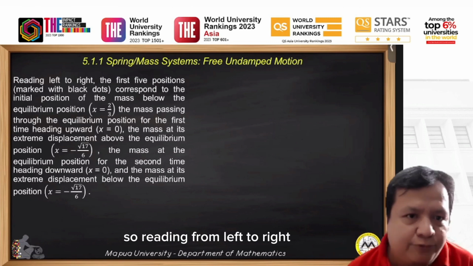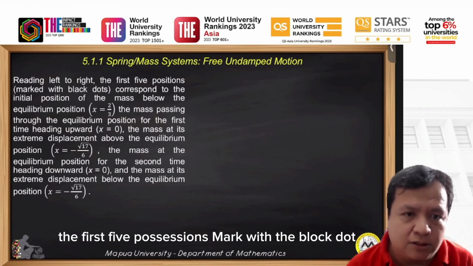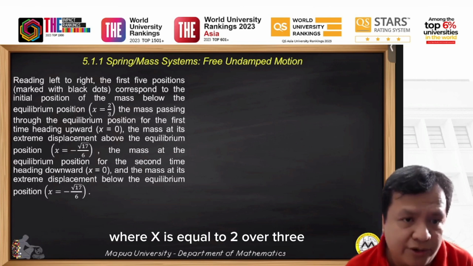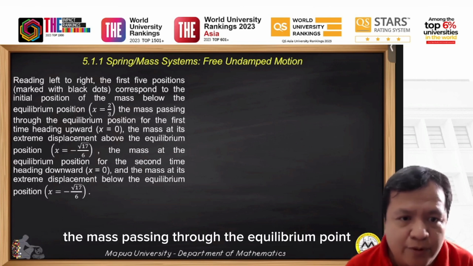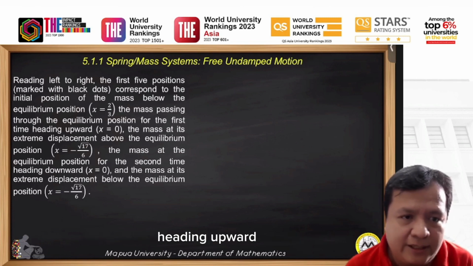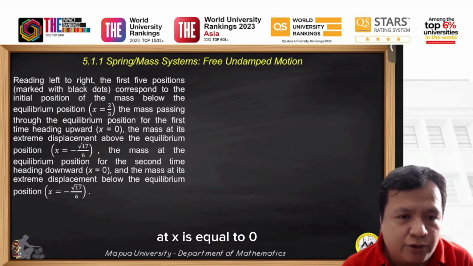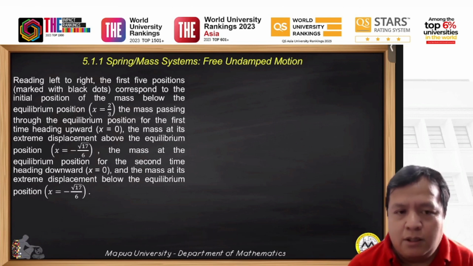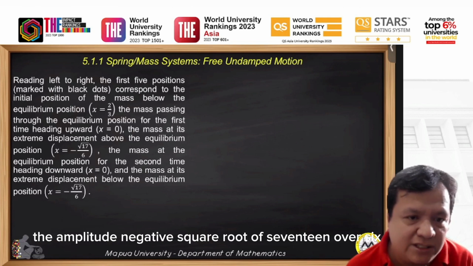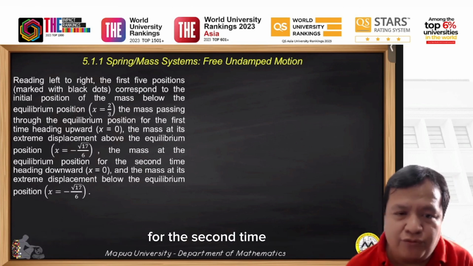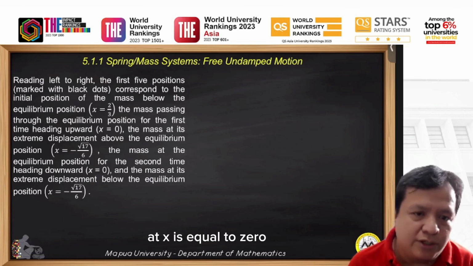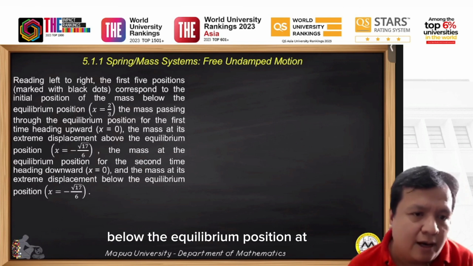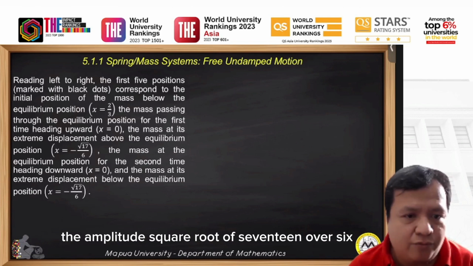Reading from left to right, the first 5 positions marked with the black dots correspond to the initial position of the mass below the equilibrium position where x is equal to 2 over 3; the mass passing through the equilibrium position for the first time heading upward at x equal to 0; the mass at its extreme displacement above the equilibrium position, which is the amplitude negative square root of 17 over 6; the mass at the equilibrium position for the second time heading downward at x equal to 0; and the mass at its extreme displacement below the equilibrium position at the amplitude square root of 17 over 6.